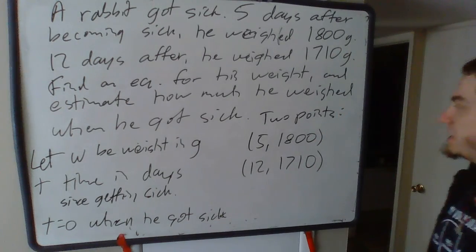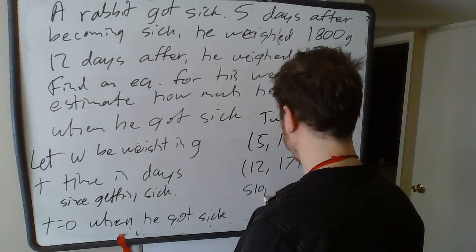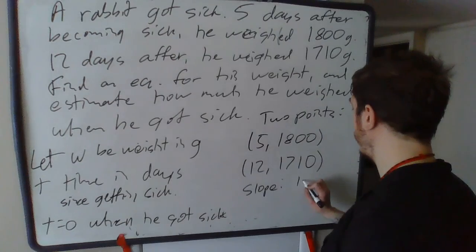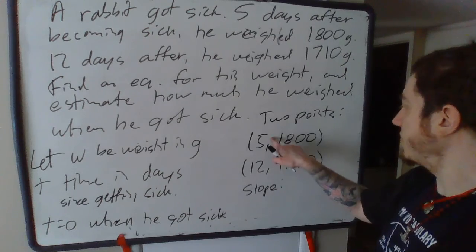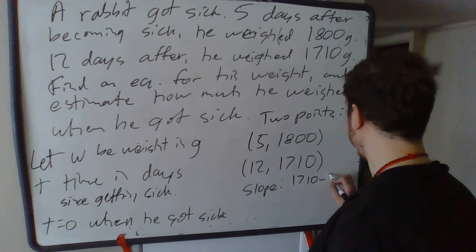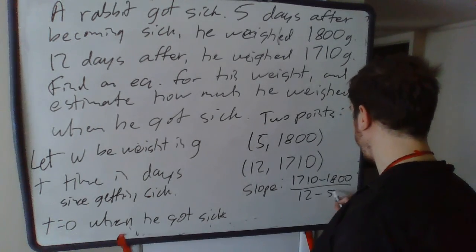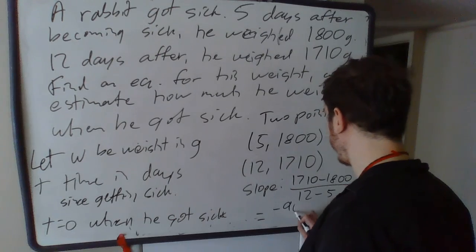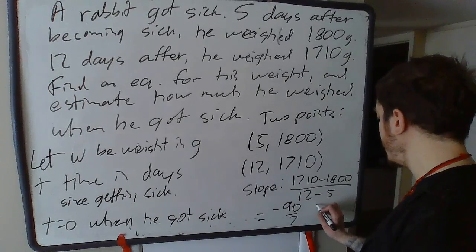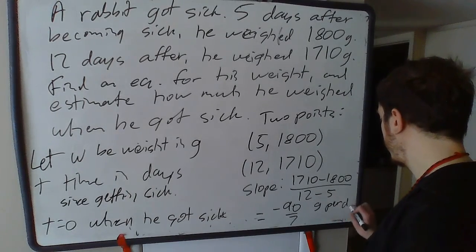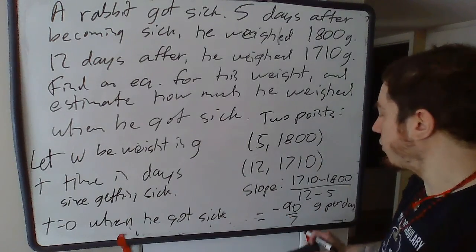So this means that the slope is going to be, let's take, this is our second point, this is our first point. This would be 1,710 minus 1,800 divided by 12 minus 5. This is going to be negative 90 over 7. And by the way, this would be in grams per day. So his weight changes by negative 90 over 7 grams per day.